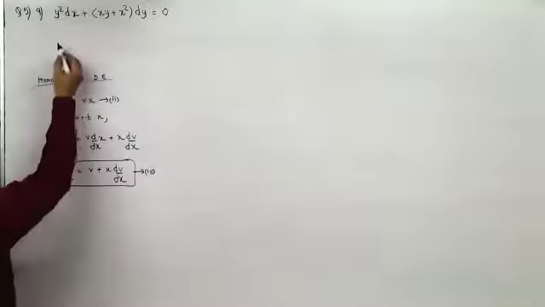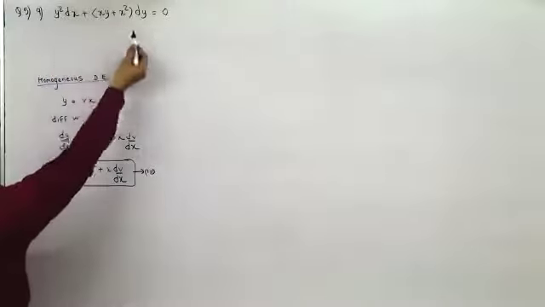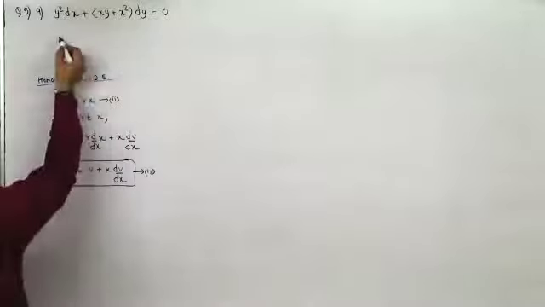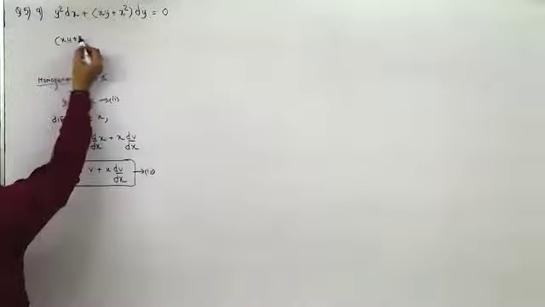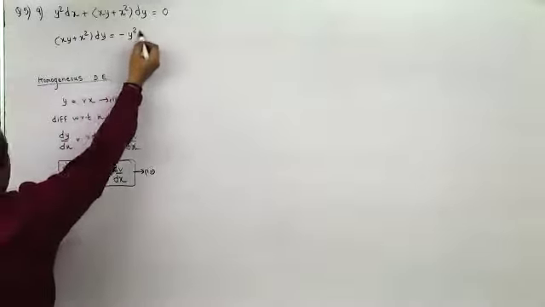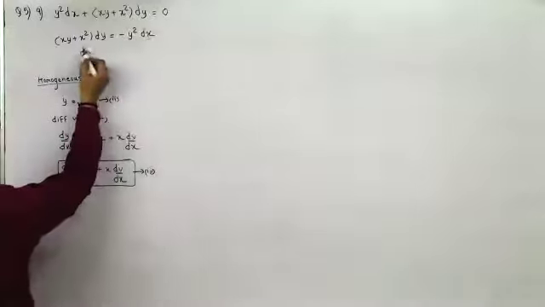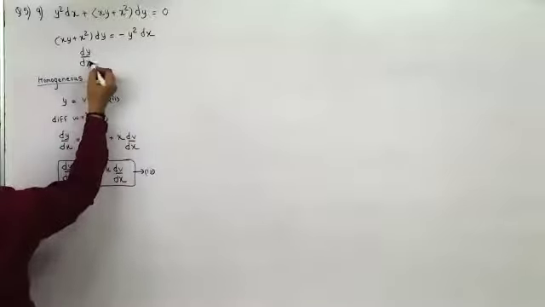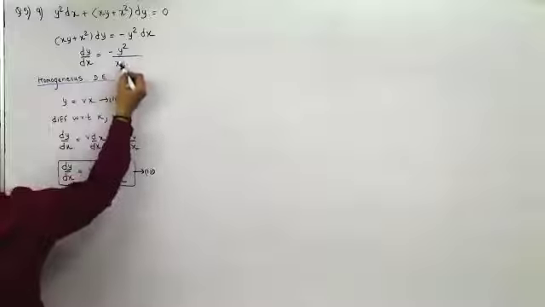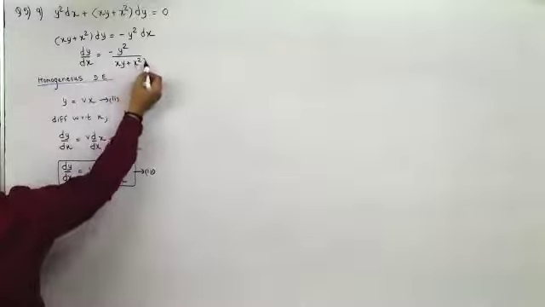So first step, what I'll do is I'll write this in terms of dy by dx so that I can substitute this here. So here I'll write xy plus x squared dy is equal to minus y squared dx, and in the next step I'll write dy by dx equal to minus y square upon xy plus x square.